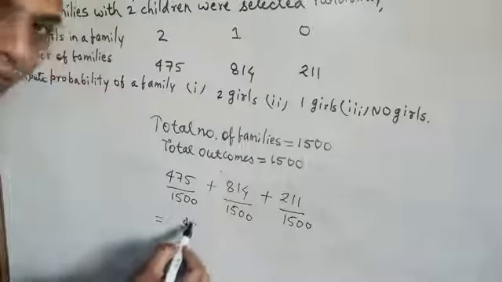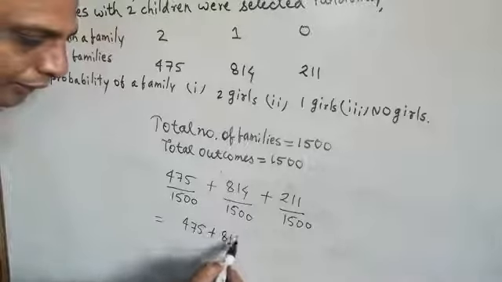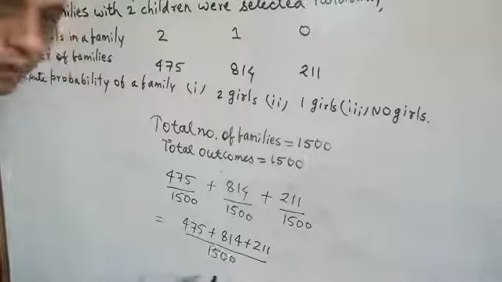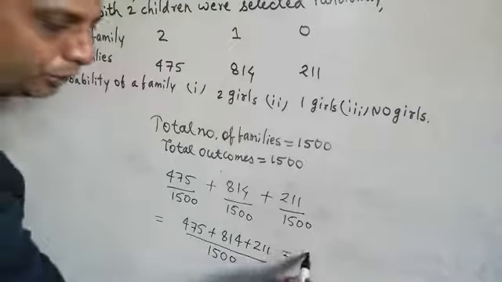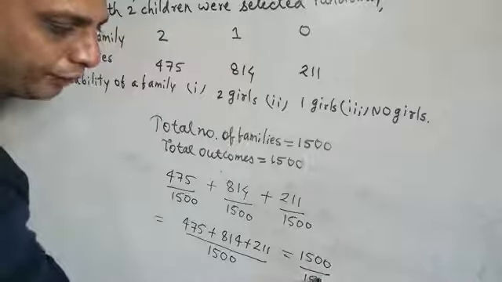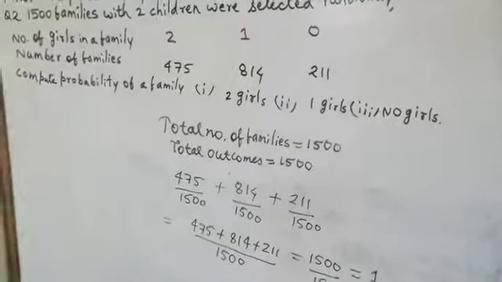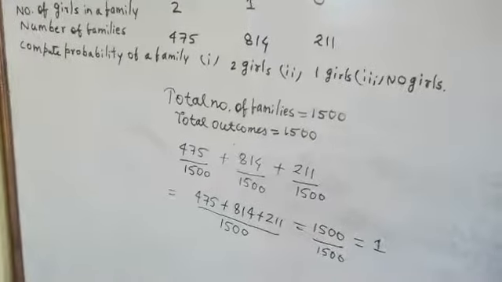So 475 plus 814 plus 211 divided by 1500 will be 1500 divided by 1500, which is equal to 1. In this way we can prove that total probability is always equal to 1, whether the data changes from question to question. Now we will solve the next question.